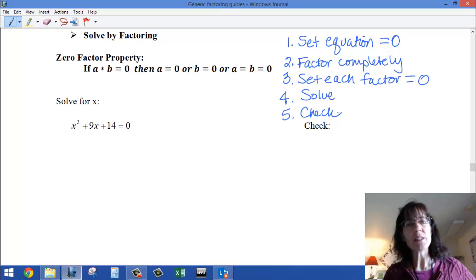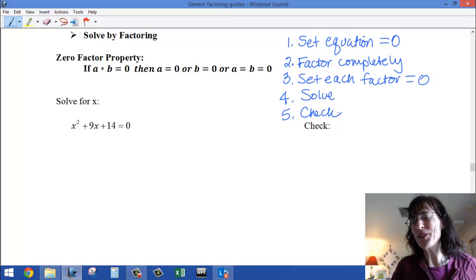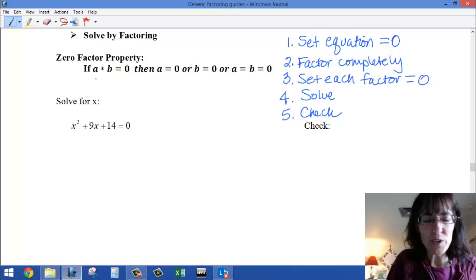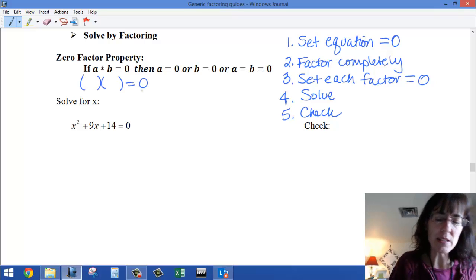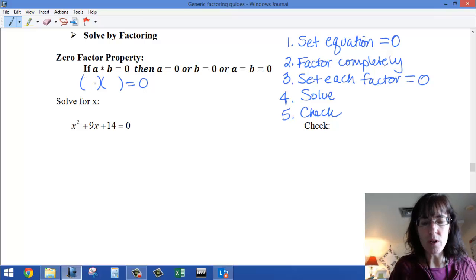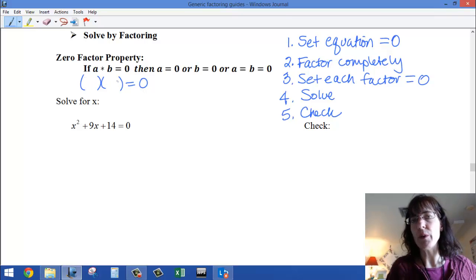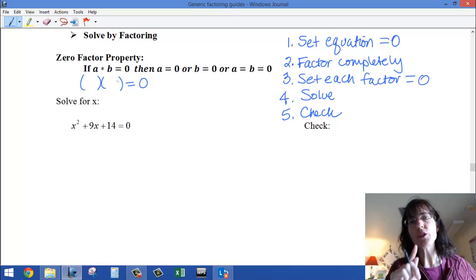So now what is this zero factor property and how does it apply to what we're doing? What we're saying is if we have two things being multiplied and set to 0, then one of them has to be 0 or the other, because there's no other way to multiply two numbers and get 0. One of the two numbers has to be 0 or both of them.